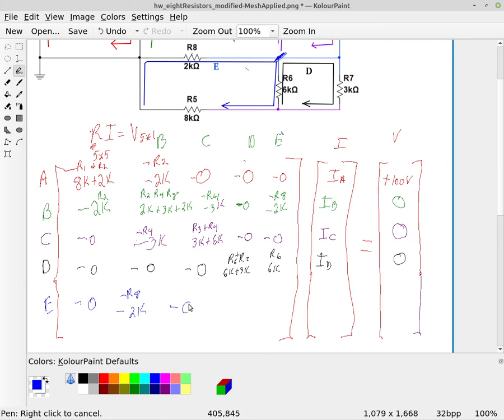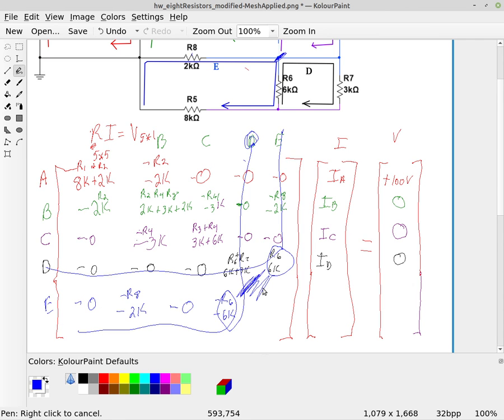So that's a -0. And then we've got D and E. D and E share R6. So we get a -R6, which is a -6K. All right, so again, when we go E to D, and then D to E, these two are a match.